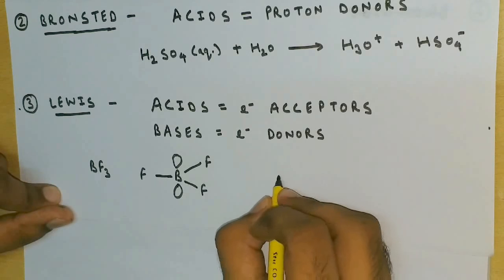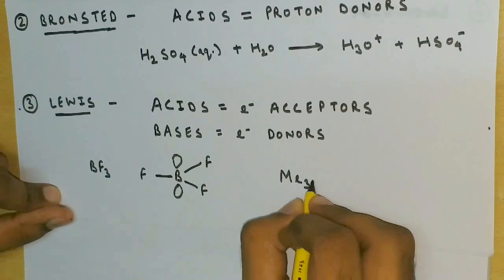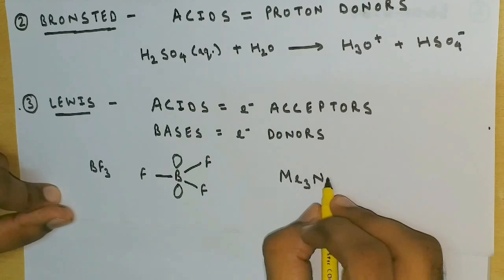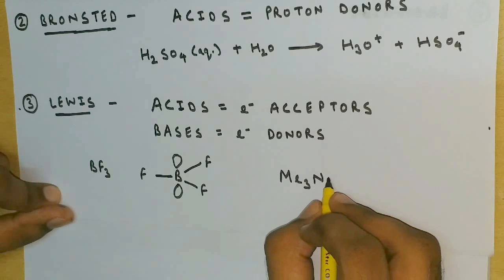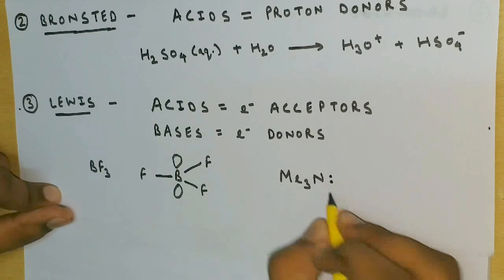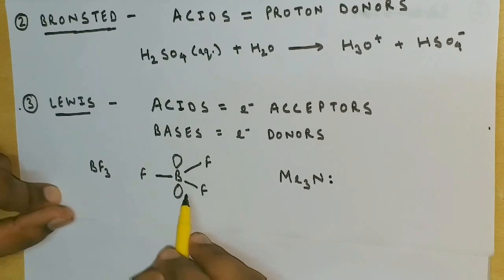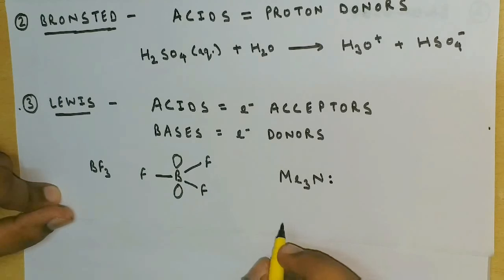One example of a Lewis base is trimethylamine. This is the molecular formula, and it has one lone pair which it can donate to a Lewis acid. So if BF3 reacts with NMe3, the product will be a combination of both the molecules. So let's write it down.